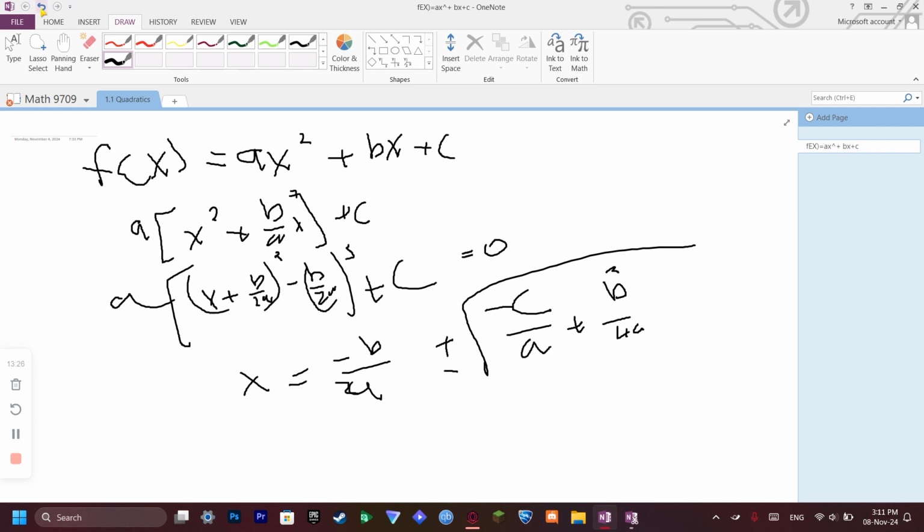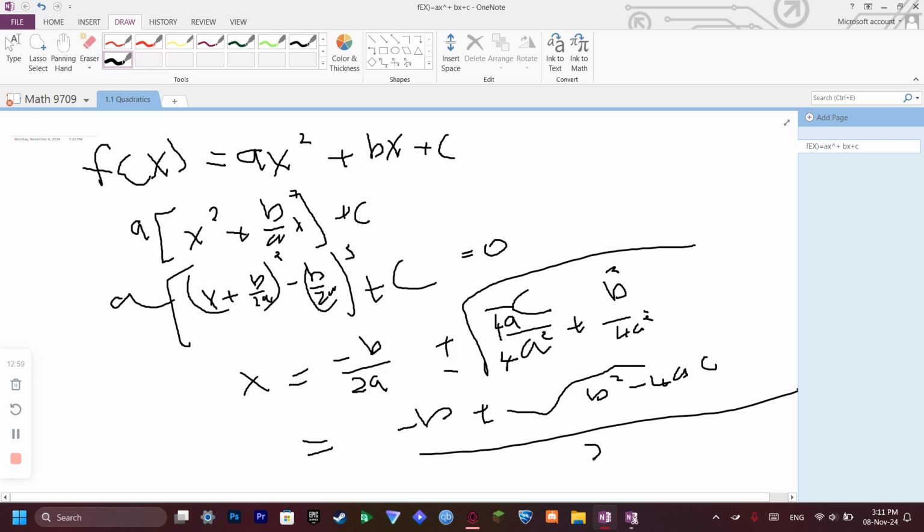And then you can see actually this is the quadratic formula. If you do just two more steps in simplifying, just multiply this by 4a, and then after you take the square root, it's going to be minus b plus or minus square root of b squared minus 4ac, and this becomes 2a. And this is also 2a. So that's where the quadratic formula came from.